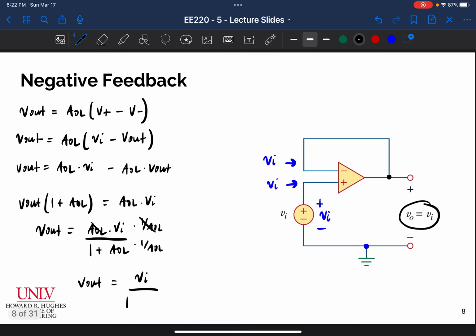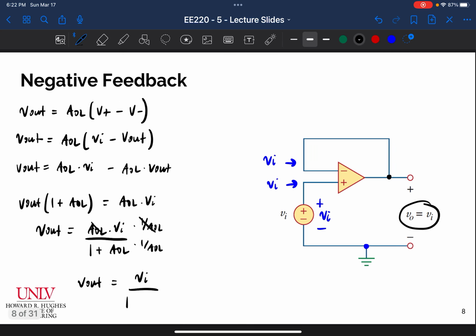Let me go ahead and throw that into my calculator: 5 divided by 1 plus 1 over 100,000. I get 4.999950001 volts. Okay, and so that's what I'm looking at here in a practical circuit, which doesn't have infinite open loop gain. Like my gain's 100,000.